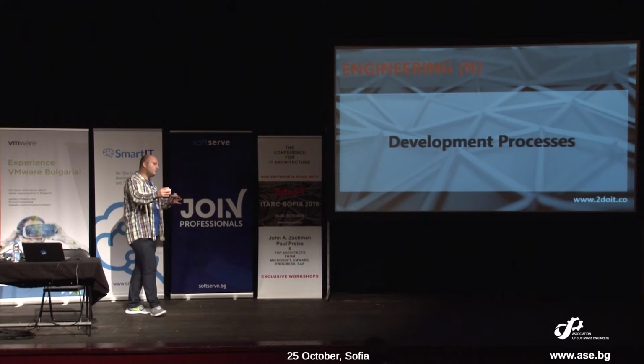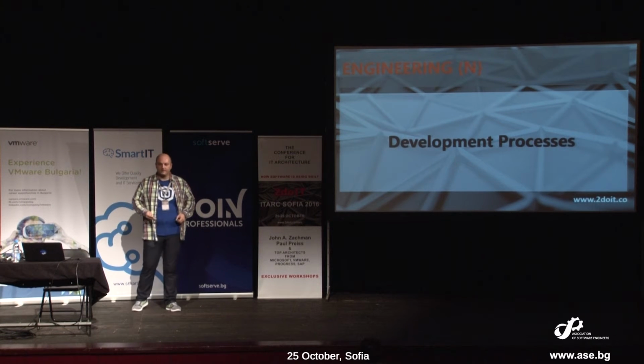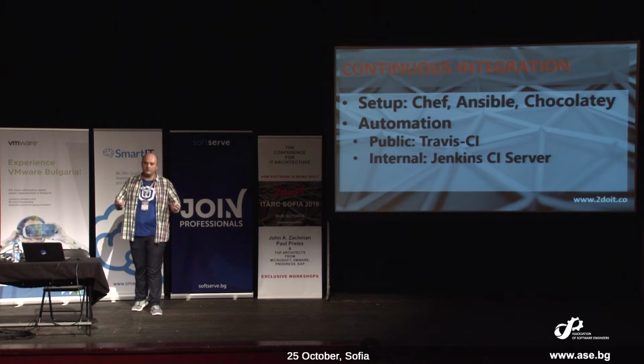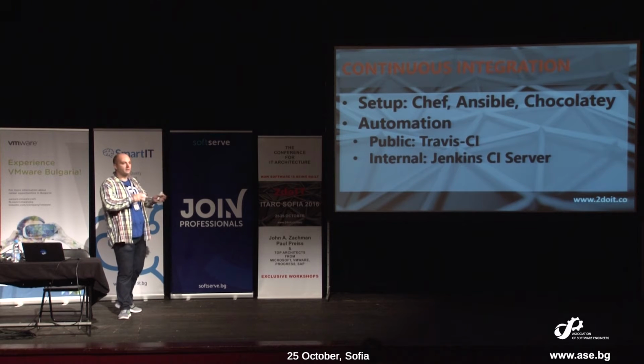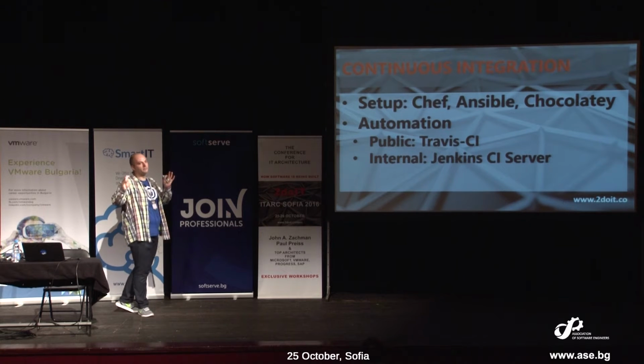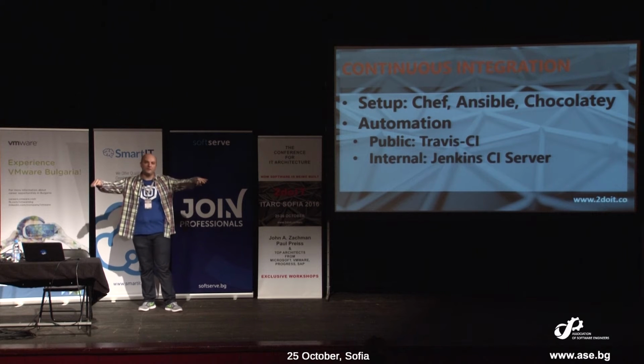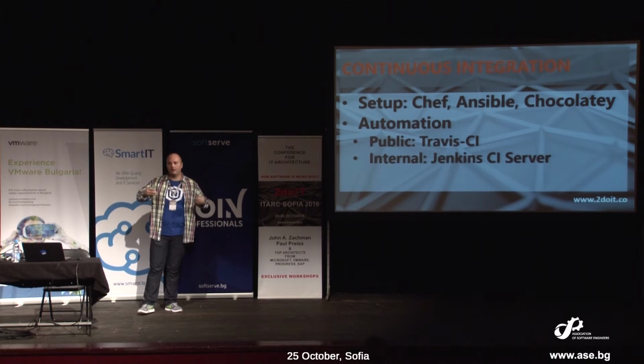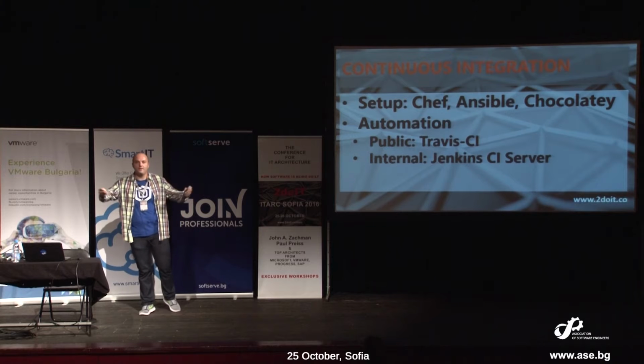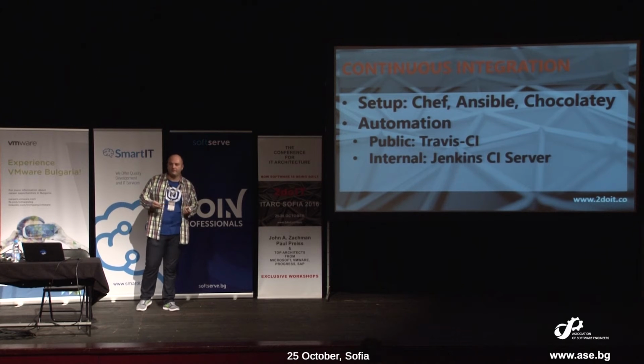So let's move on to the development processes. Continuous integration is done on internal machines and on public machines. We would prefer to have everything available publicly on Travis or anything else as a build infrastructure.